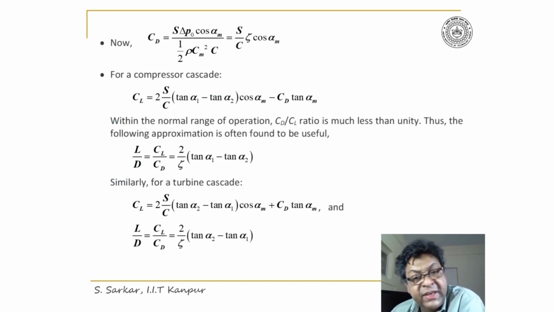Now, CD can be expressed as S by C zeta into cos alpha m. We have proved this earlier.